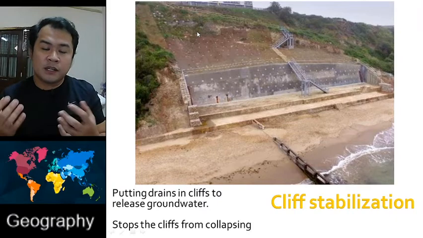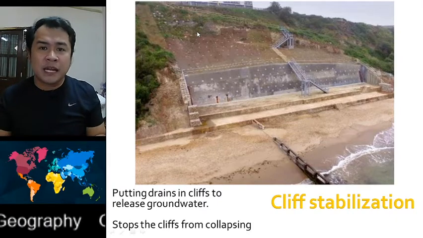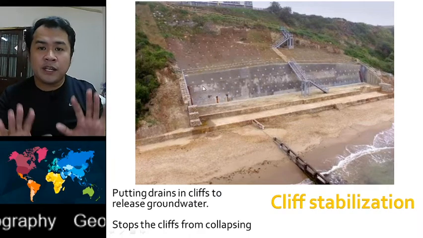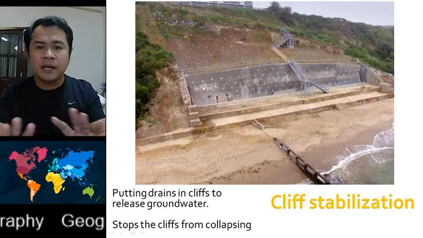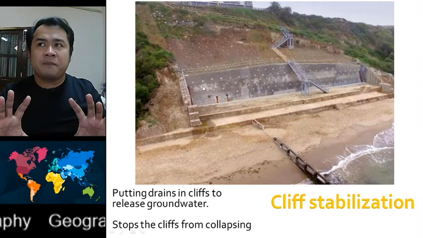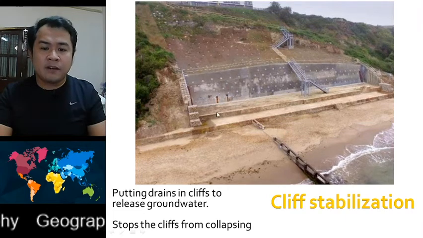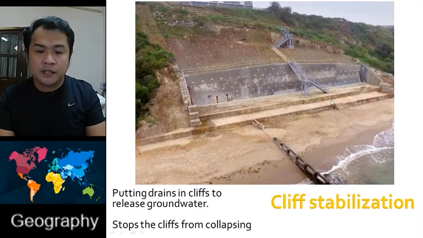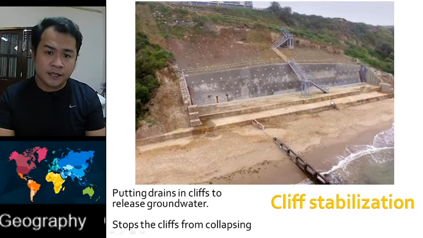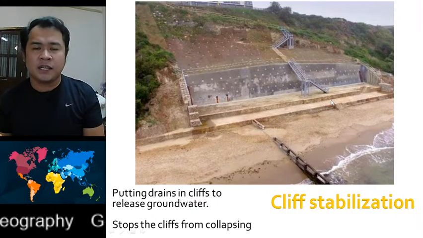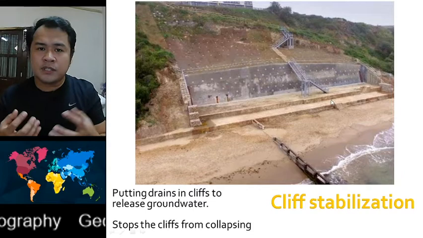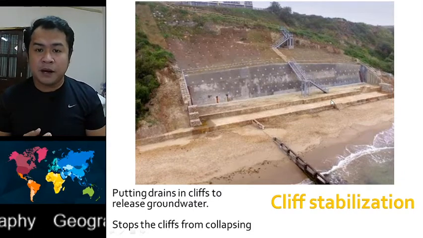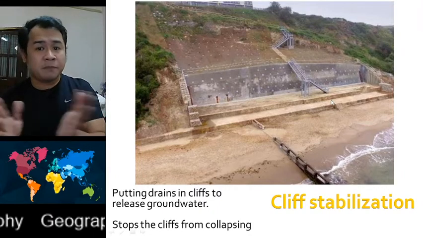So with cliff stabilization, not only do you put holes so that water can come out from there, but you can also make it stronger by putting layers of concrete towards the cliff. The word stabilization came from the word stable, to stabilize or to make it stronger. So it stops the cliff from collapsing or tipping off towards the sea.